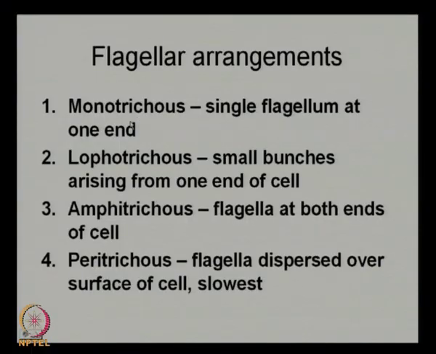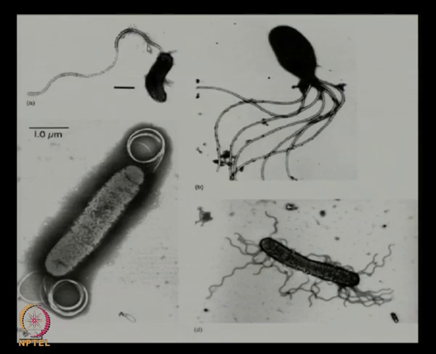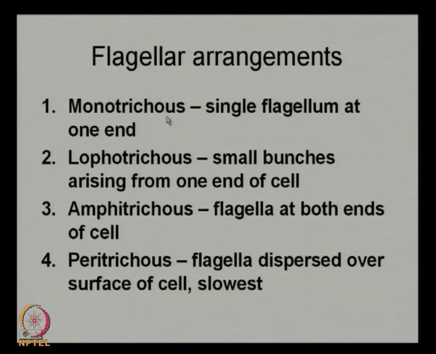Now, if we see the arrangement of this flagella in any bacterial cell, it may be a single flagellum at one end of the bacteria, and this arrangement is called monotrichous. If small bunches of flagella arise from one end of the cell, it is called lophotrichous.